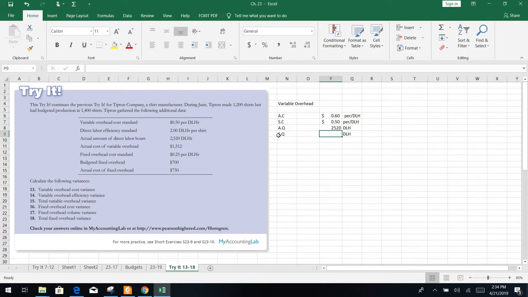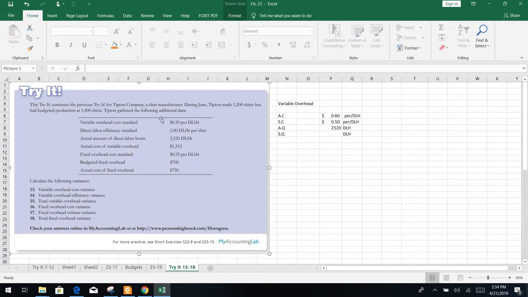So what I would do over here is I would go back and say I'm looking for standard quantity. So which one of these says standard quantity? This says variable overhead cost standard. That's not standard quantity. Direct labor efficiency standard. That's not standard quantity. Actual amount of direct labor hours. That's not standard quantity. Actual cost of variable overhead.